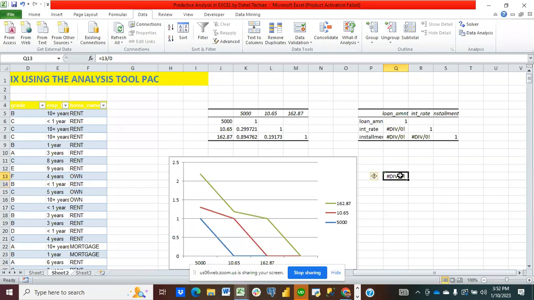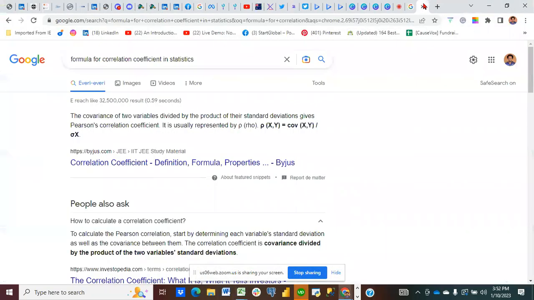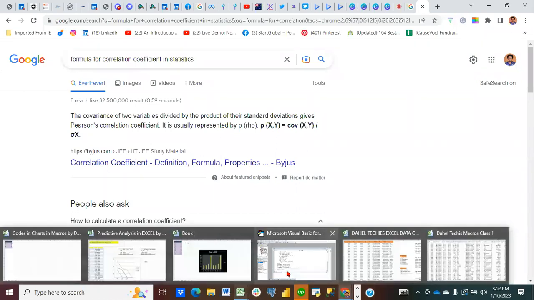You definitely have to divide 13 by something to get a response from Excel. But if you have the div error, it definitely means that this formula I just showed you, used to solve for correlation matrix, was used to divide something that is not existent, and Excel didn't understand it.